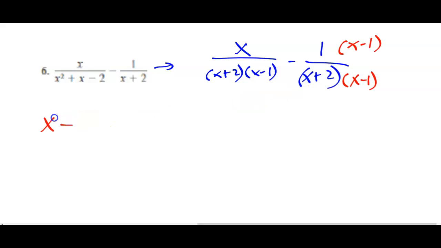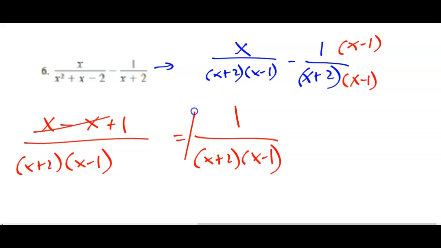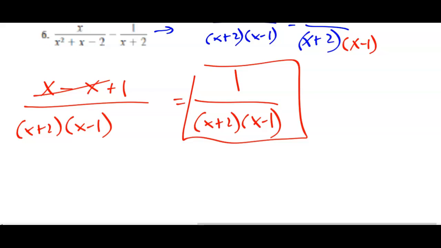So that gives me x minus, this is negative 1 times x is negative x, and negative 1 times positive 1 is going to be plus 1. And you'll see x minus x is 0. So there we go right there. 1 over (x plus 2)(x minus 1). Alright. That's it for this one.